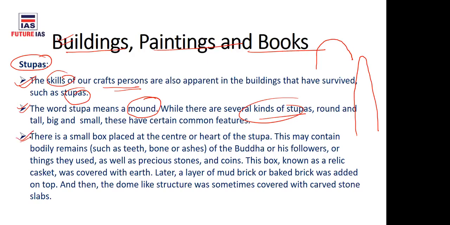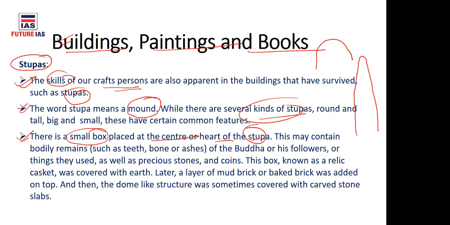Now, regarding the architecture of the stupa, there is a small box placed at the center, or the heart, of the stupa. Heart means the center of the stupa. This small box used to contain the body remains.